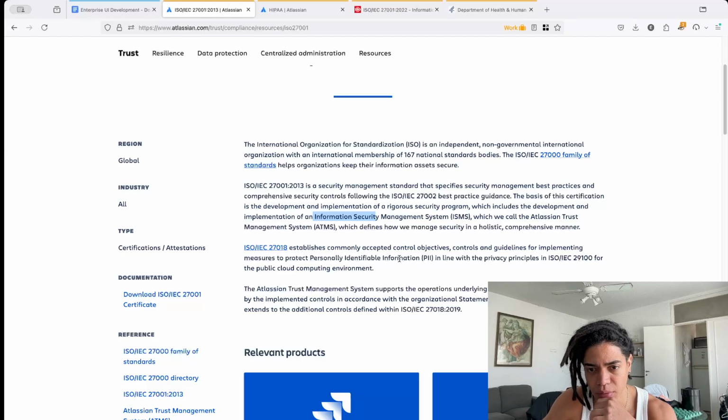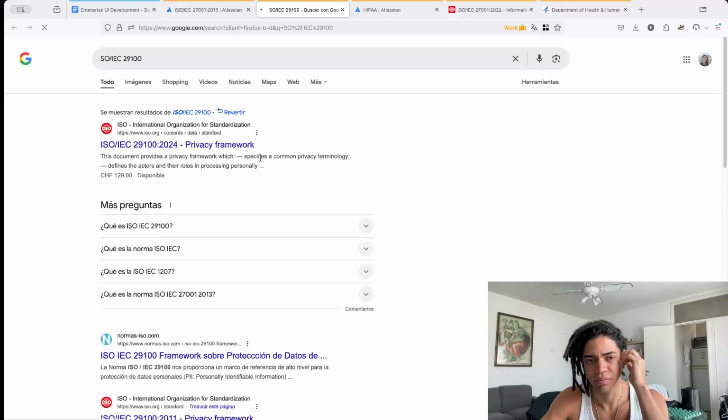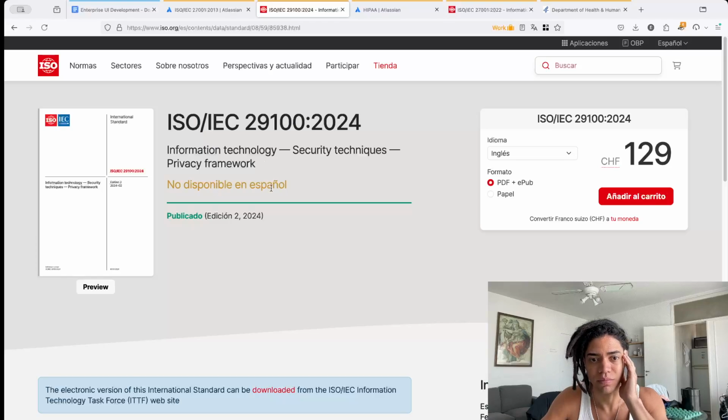Personally identifiable information, in line with the privacy principles, for the public, and now you have the privacy framework. Security techniques.